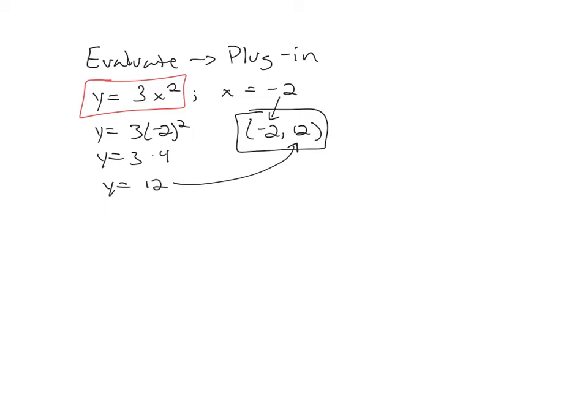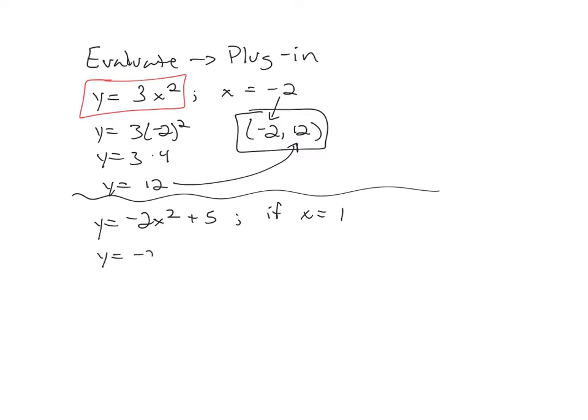Some will have, and I can't remember if I put the if or not in there, but if it says just x equals, that's what you're plugging in. So if I plug in 1, exponent first: 1 to the second power is just 1.